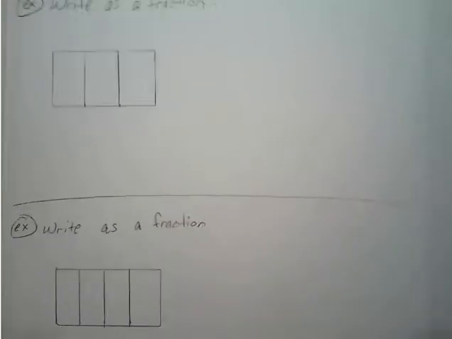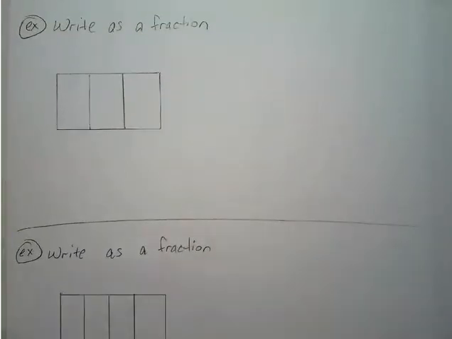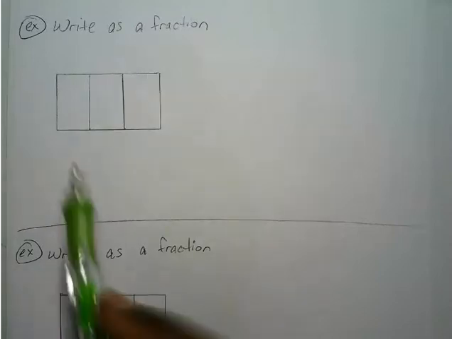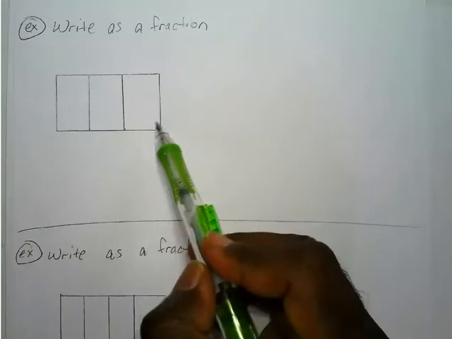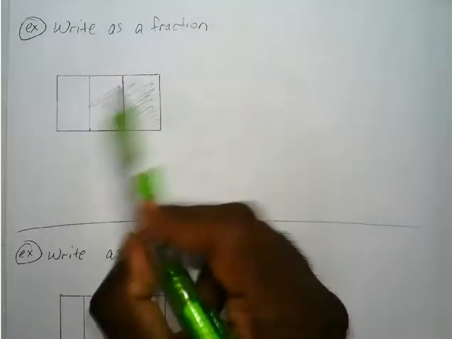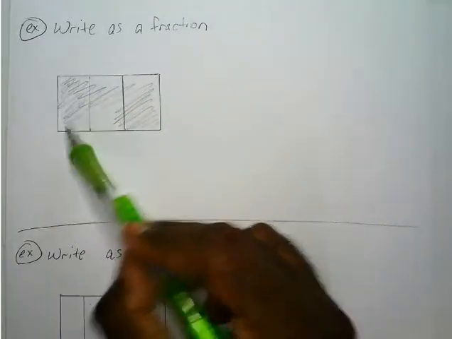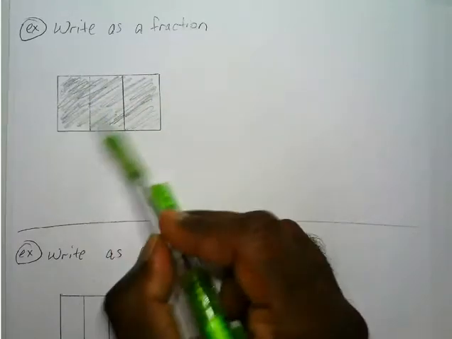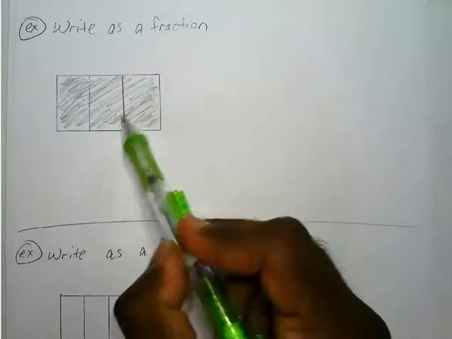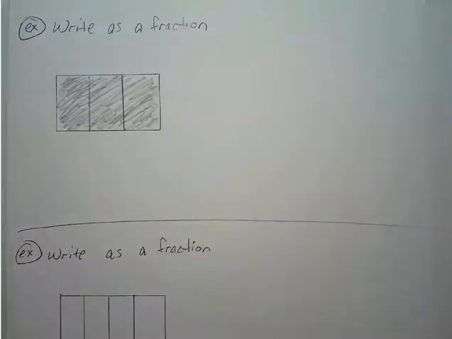Okay, so with this one, we're going to have 2 special circumstances for fractions. What if we have the square here and we cut it into 3 sections? And what if we shade in all 3 sections? How would you write that as a fraction?